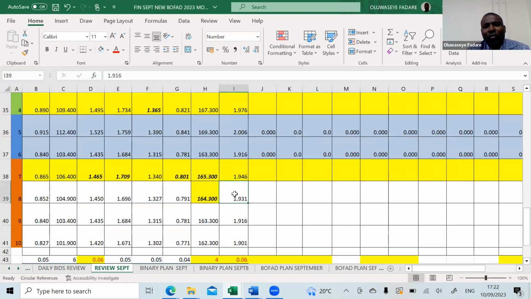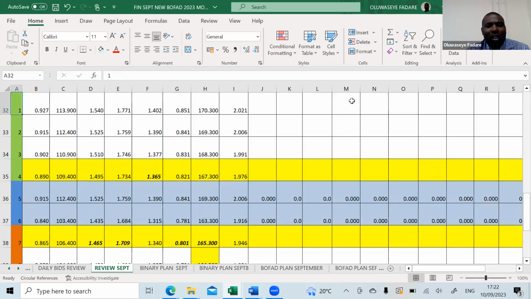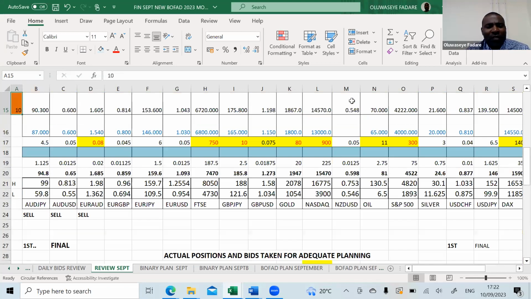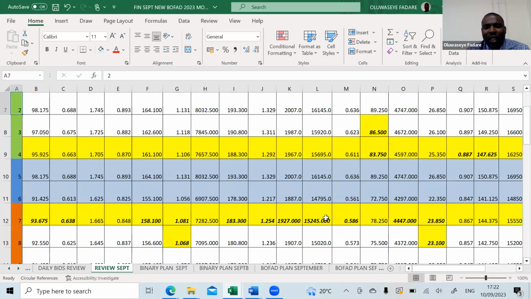So that is the update so far on the Bofad monthly strategy review. With this concept, with this position, it helps us to identify where the market is and where to take our trades for the rest of the month. For those that are activated two positions, they are likely to move in that direction for the rest of the month.